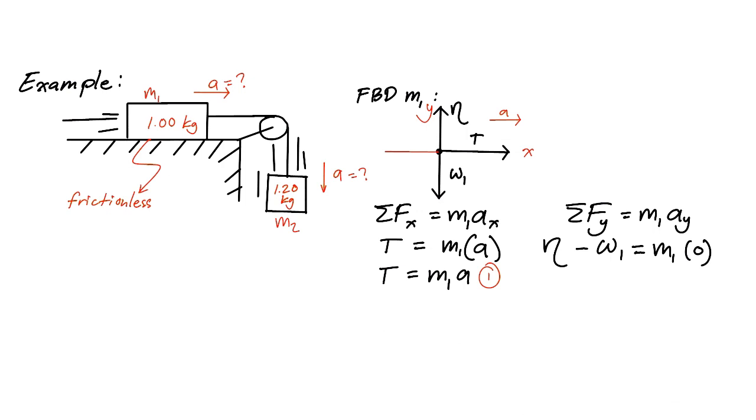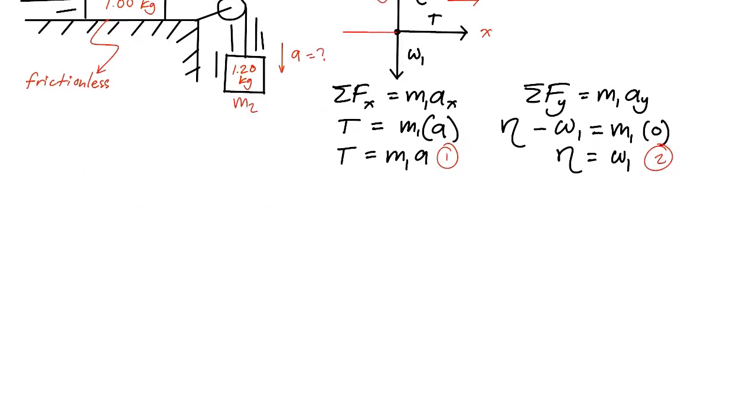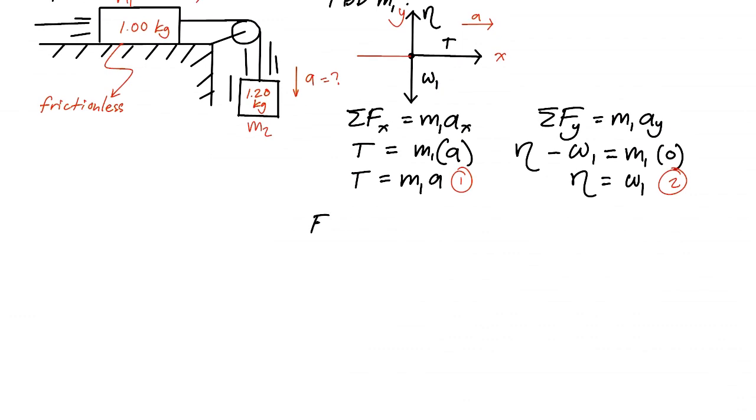One thing that we can do here is to transpose itong weight 1 to the other side. So, we have N is equal to weight 1. Okay, so this is what we can get from the sum of forces along the y-axis. So, we will use this later again. So, let's label this as equation number 2. So, we'll proceed with the free body diagram nung mass number 2.